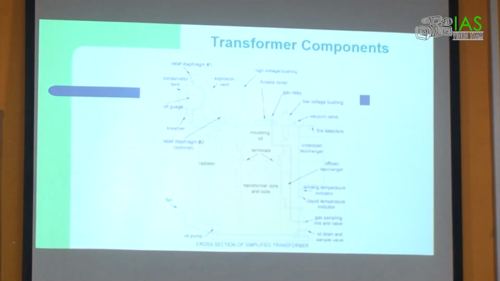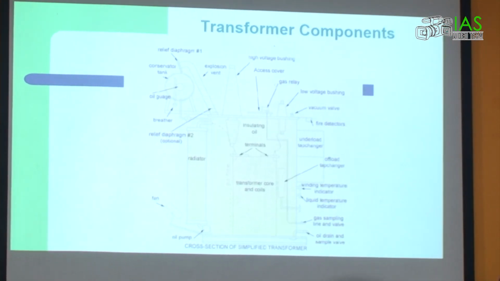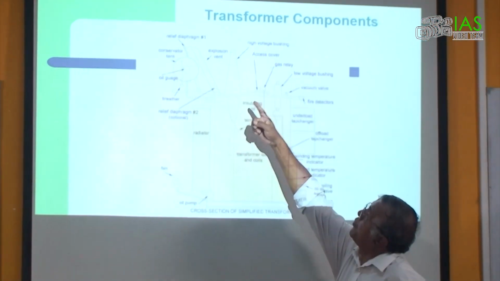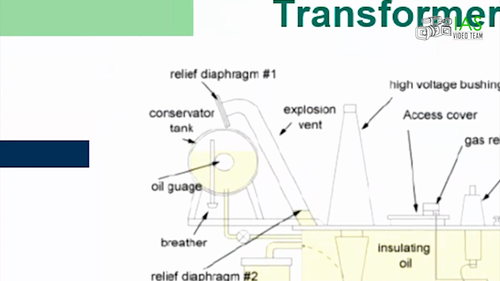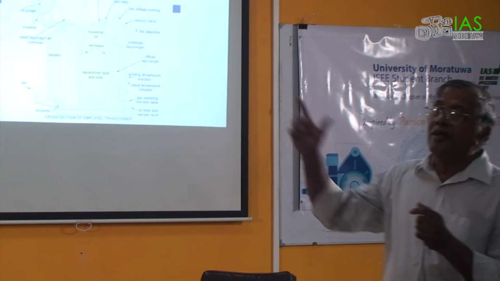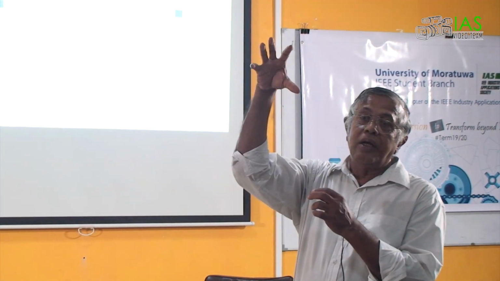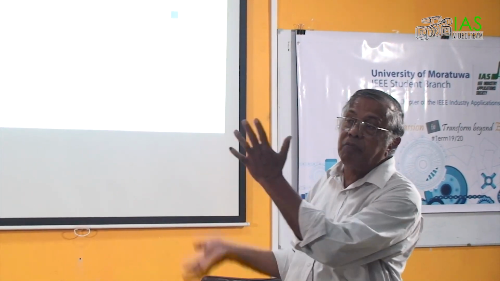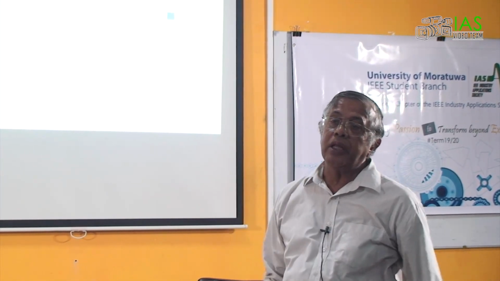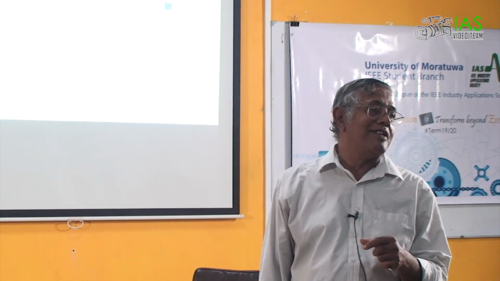Now, the pressure relief diaphragm over here is no longer there in transformers. Old transformers have that type of pressure relief device, which has a diaphragm inside it, and when there is pressure, the diaphragm breaks and the transformer vomits.